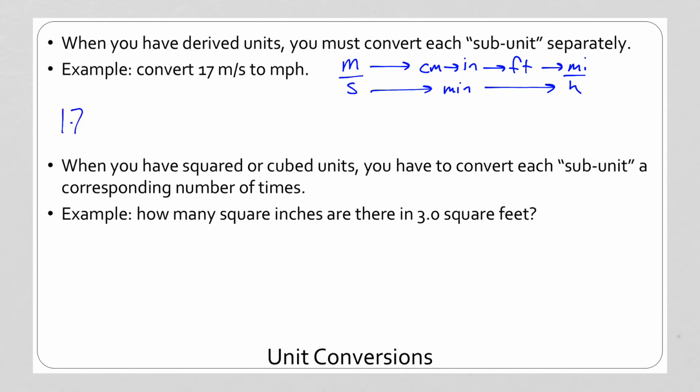So I can take my 17 meters per second. I'm going to start by converting the top. I want to get rid of meters. And I would say that 1 centimeter is 1 times 10 to the negative 2 meters. That's the definition of a centimeter by using unit prefixes.